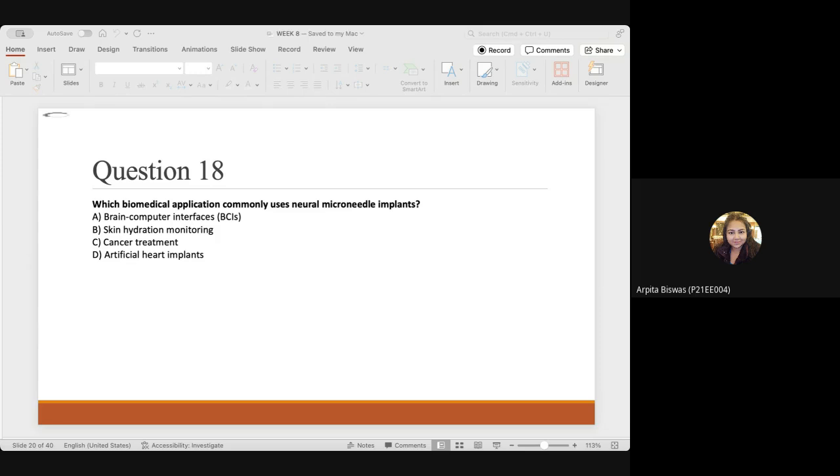So the right option is option A, the brain computer interface.